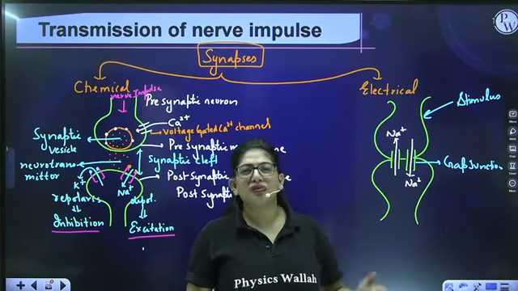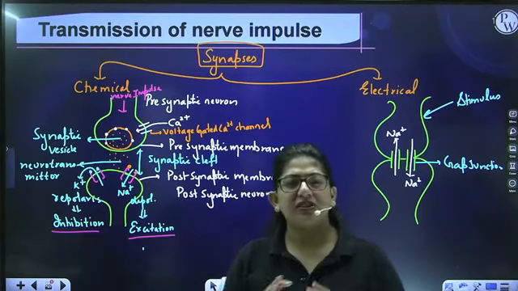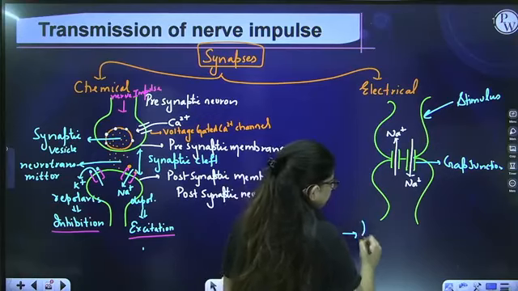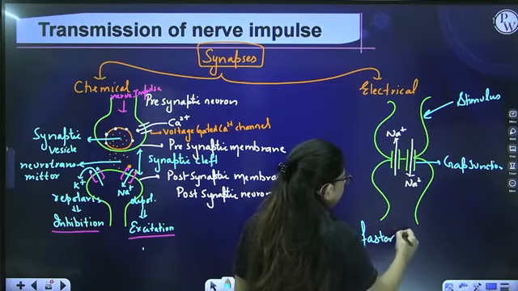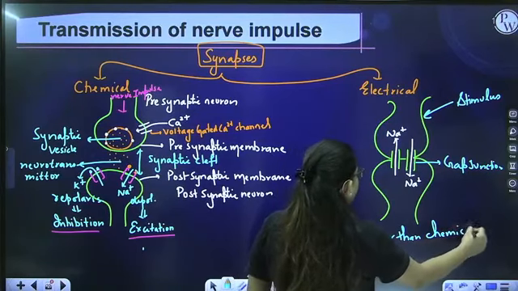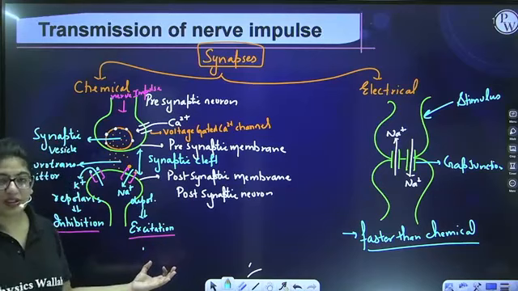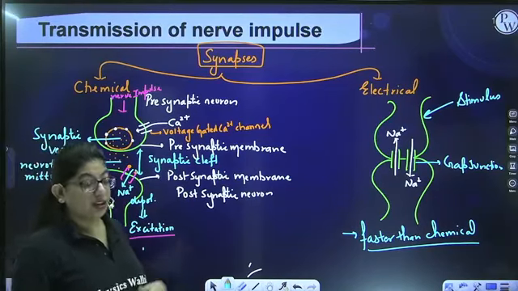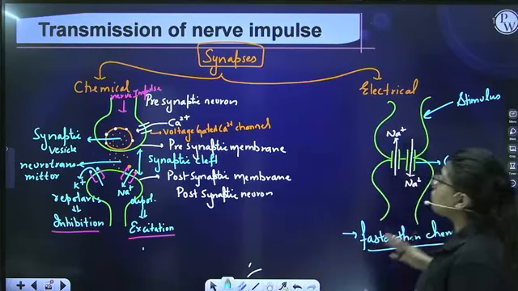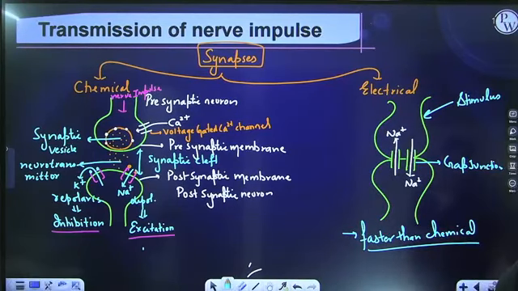You don't have to fuse calcium ions with the synaptic vesicle, no release of neurotransmitter. They're just simple. And hence, they will be a little faster than chemical. But the chemical one has a very important role, and that's a benefit. They can generate two types of responses according to the neurotransmitter used. So it's kind of a better one. But the faster ones are the electrical synapses. So that's all about the synapses, guys.